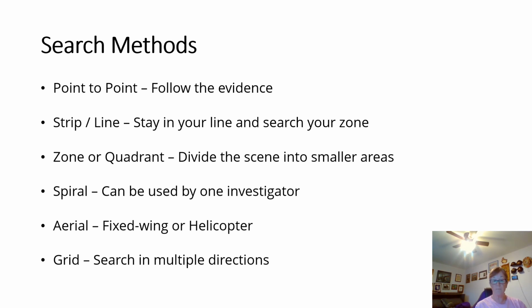Your aerial search is used by your fixed wing or helicopter search. If you're looking for a large object, say an airplane explodes mid-air and you're looking for pieces of that airplane, that would be one example.